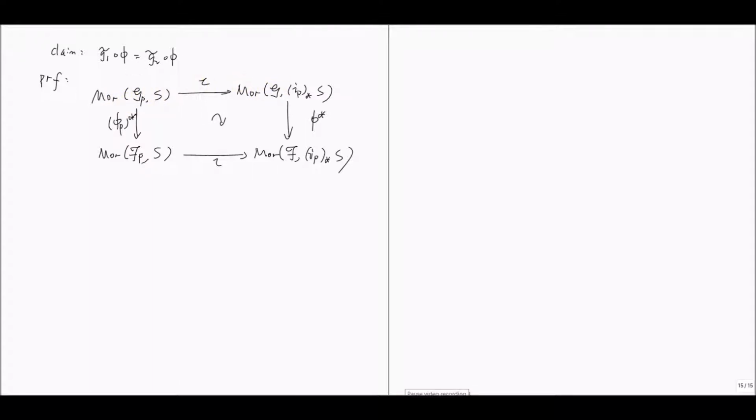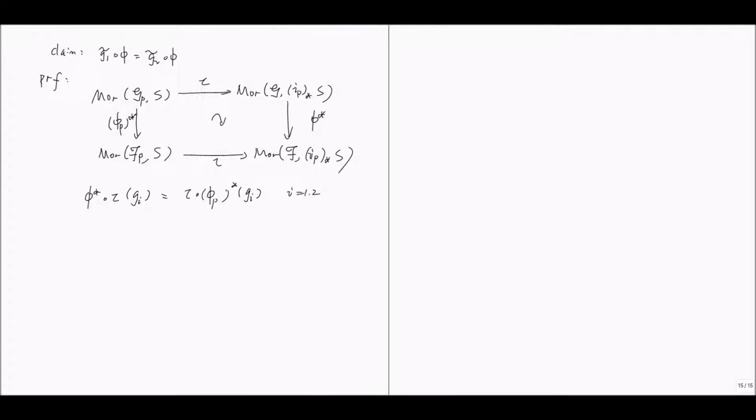From this diagram, we know the phi star composed with tau of Gi is equal to tau composed with phi sub p star of G sub i for i equal to 1 and 2.